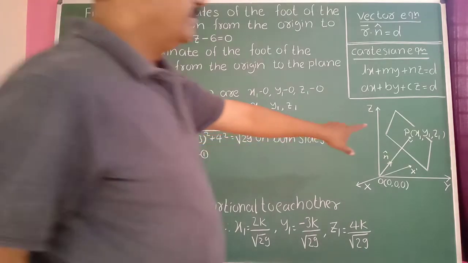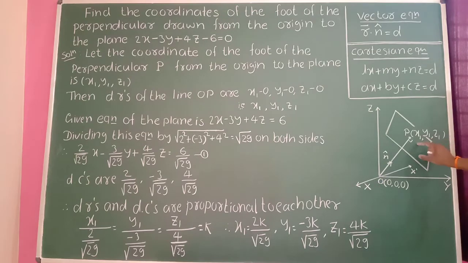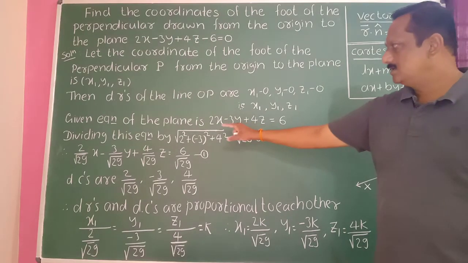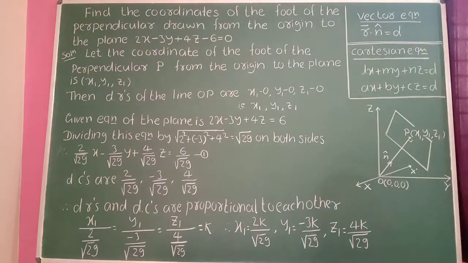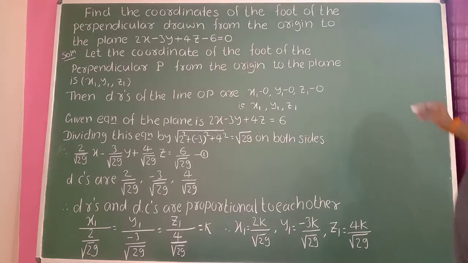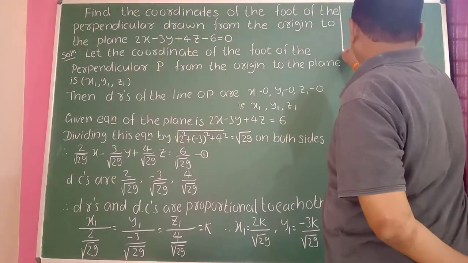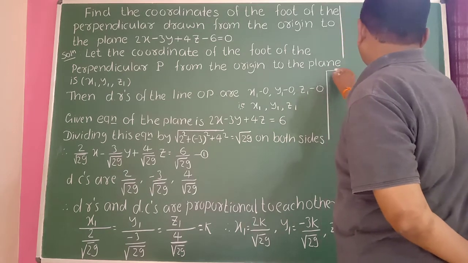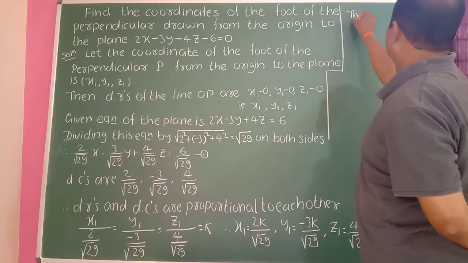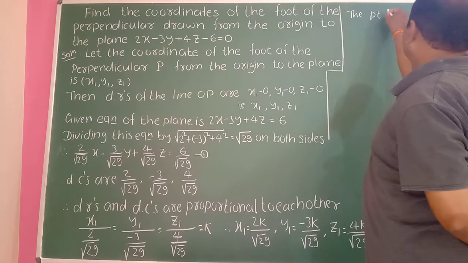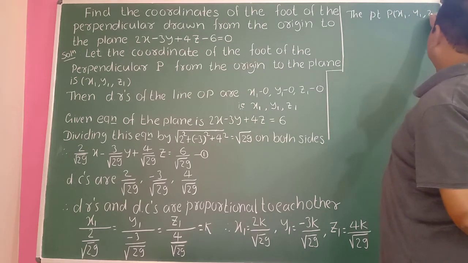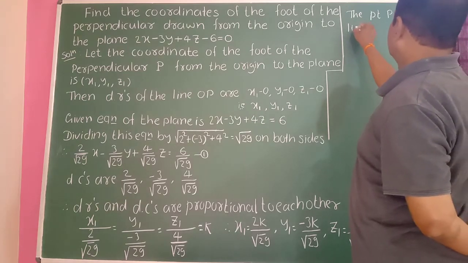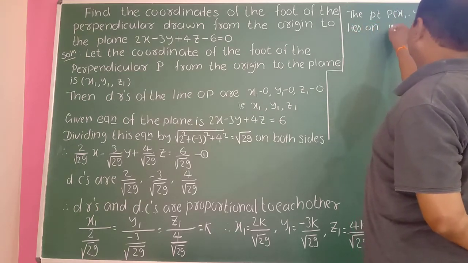The point x1, y1, z1 lies on this plane. Therefore, using equation 1, the point x1, y1, z1 lies on the plane.